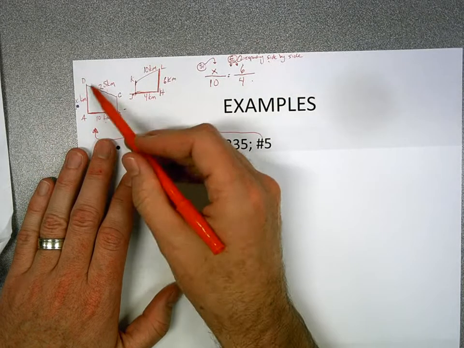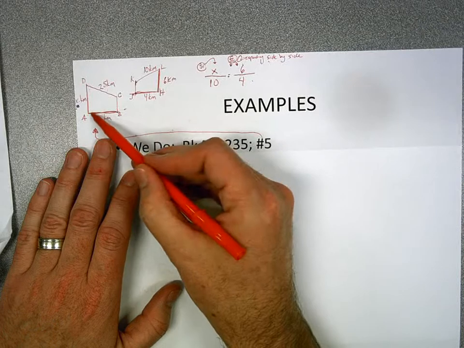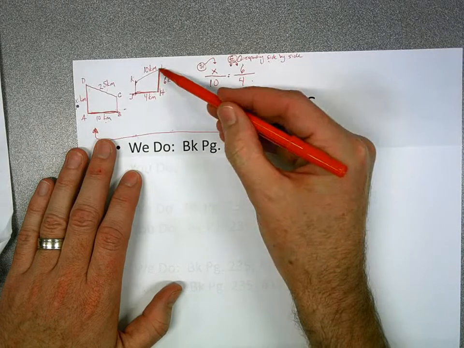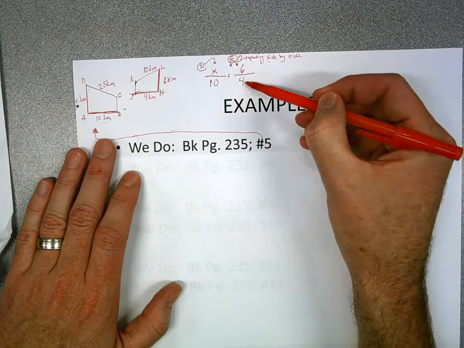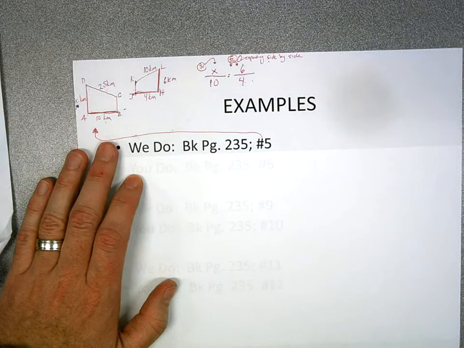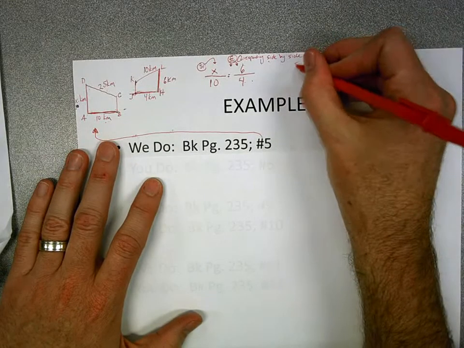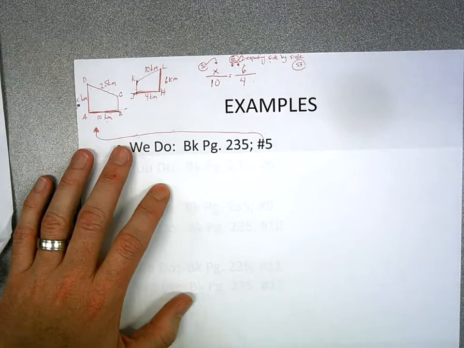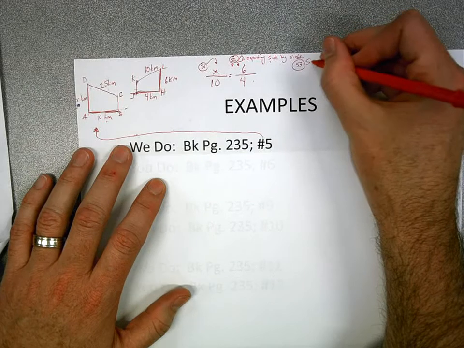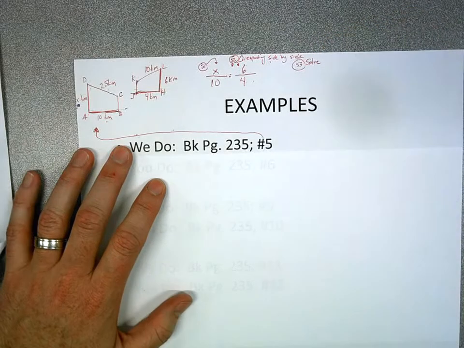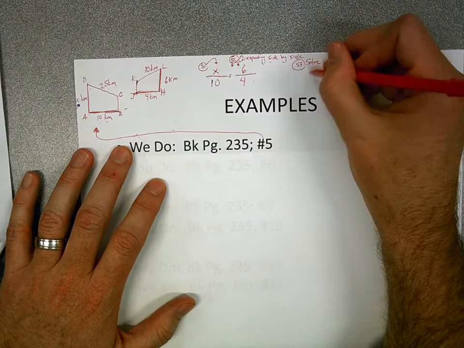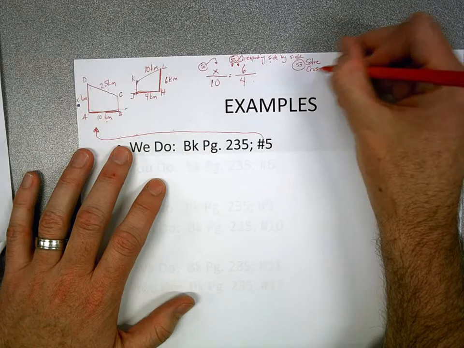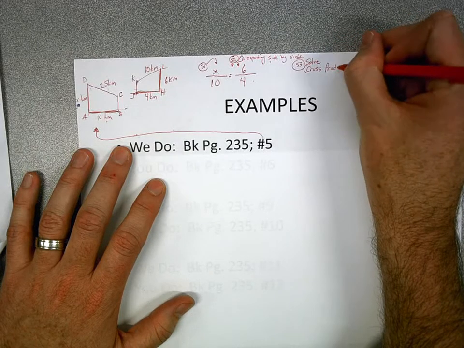So because this was height over base, I made this height over base. So 6 over 4. Now comes step 3. Ladies and gentlemen, I'm going to solve. And I'm going to solve, just a little reminder here, use cross products.